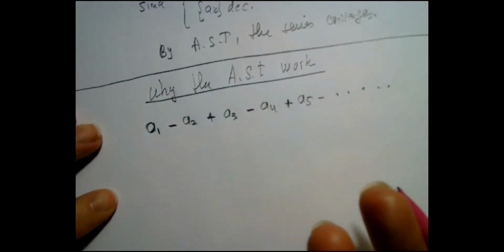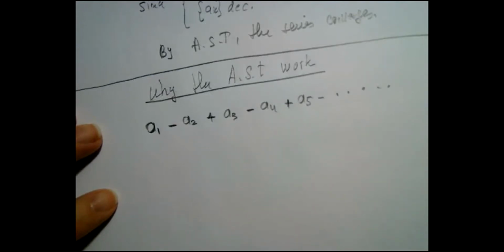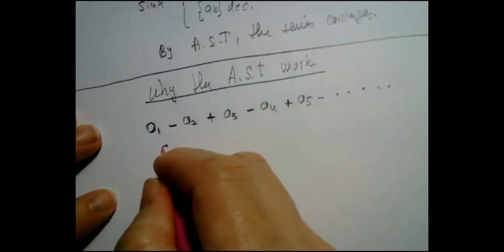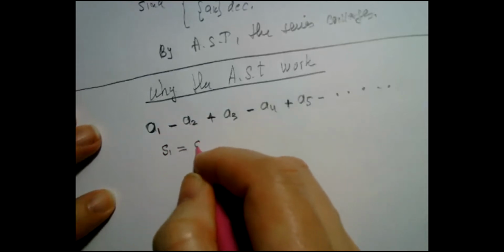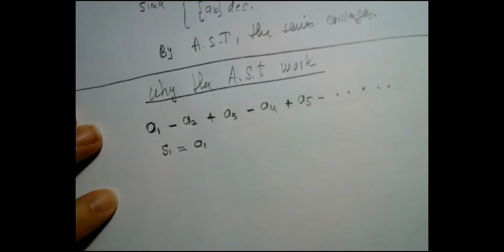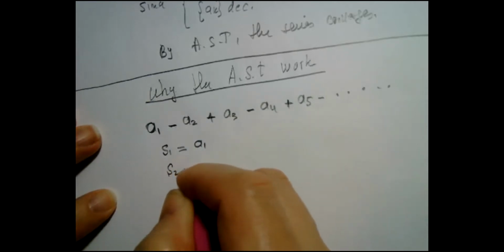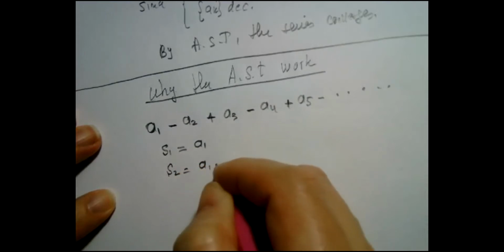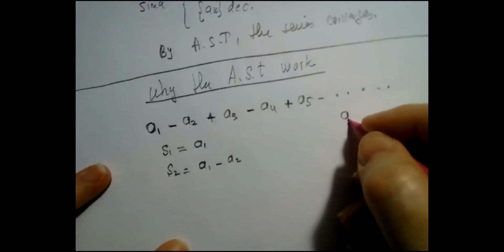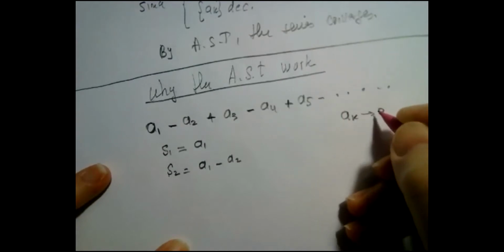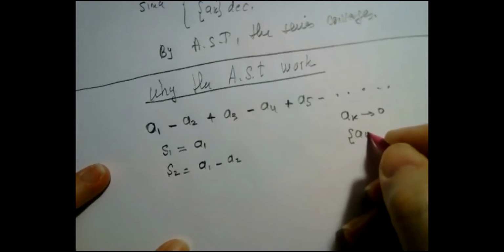And studying whether a series converges or diverges is studying the partial sums. So S1 is a1. S2 is a1, and you're taking away a little bit, a2. Remember here that a_k goes to 0 and the a_k are decreasing.